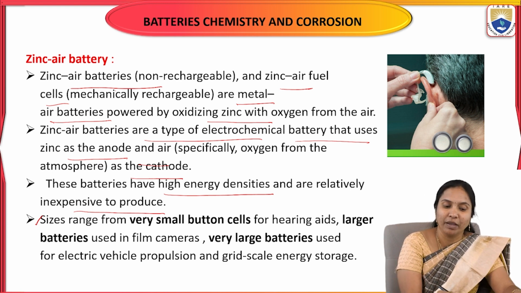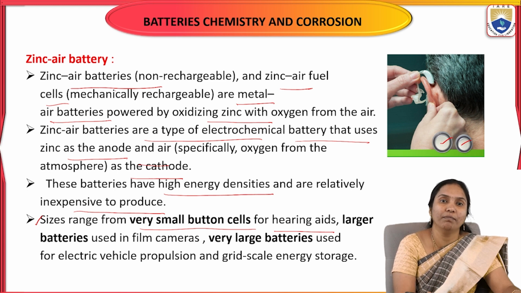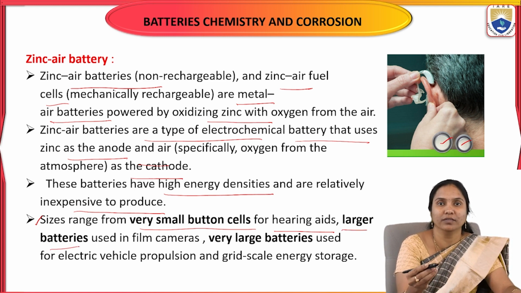For example, very small button sized zinc air battery cells are used in hearing aids. Larger batteries, compared to small sized zinc air batteries, are used in film cameras.